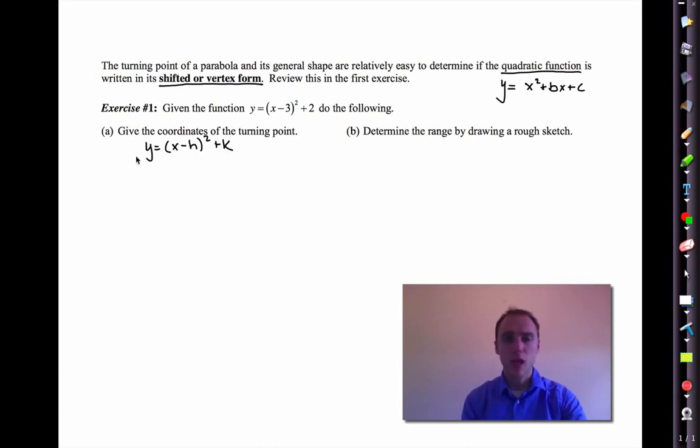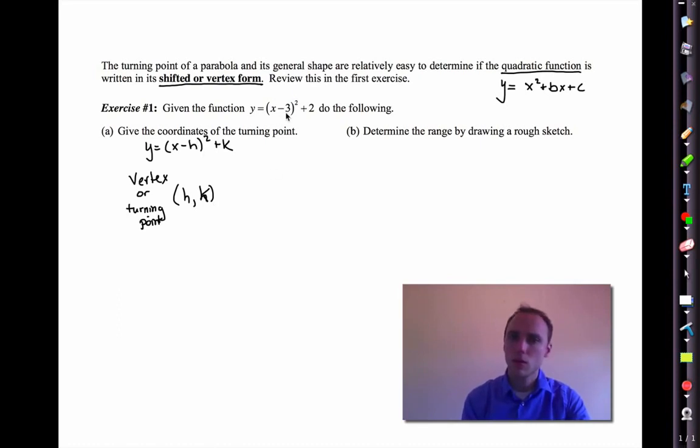And remember, if it's written in this form, we can find out a lot of information right by just looking at the equation. We can find the vertex or the turning point. Remember, the vertex or the turning point is just h comma k.